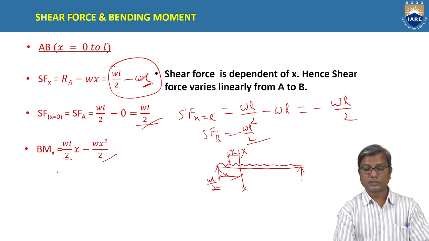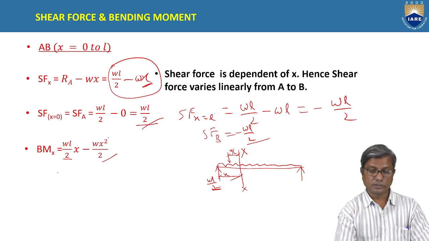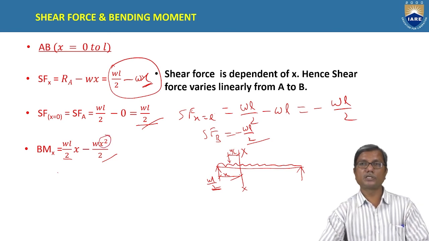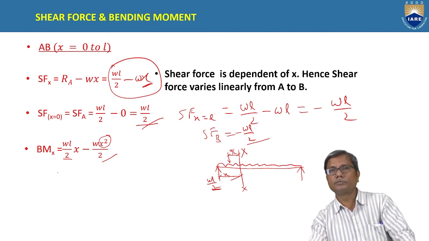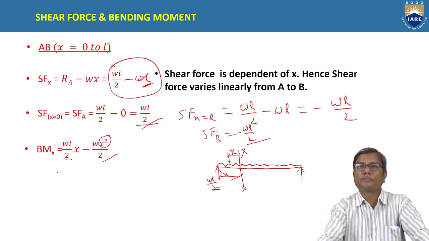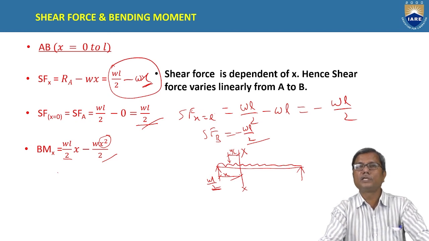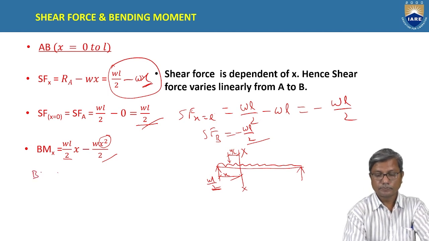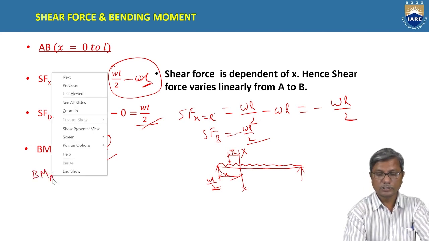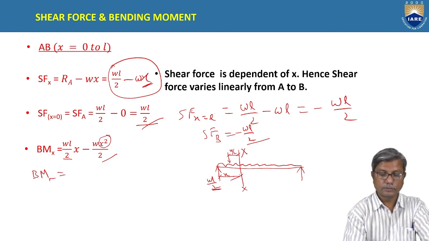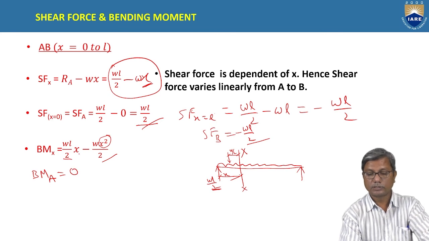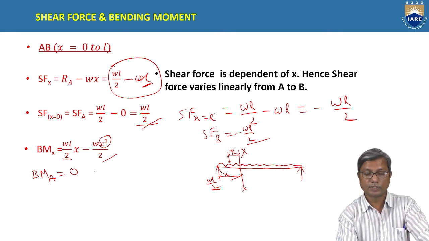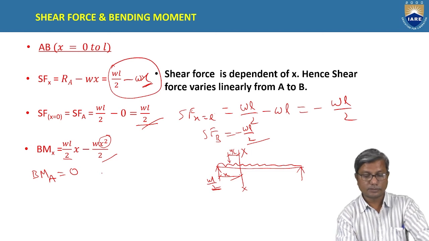Okay. So this varies parabolically. If you observe here, it depends on x square. Bending moment depends on square of the distance. That means the bending moment curve will be a parabola. Okay. And bending moment at x equal to 0, that is at A, is 0 actually, substituting 0 for x.